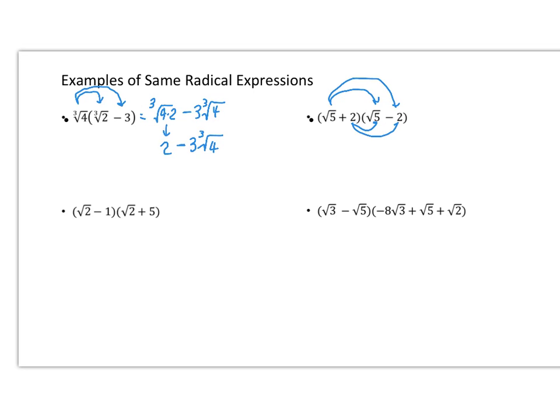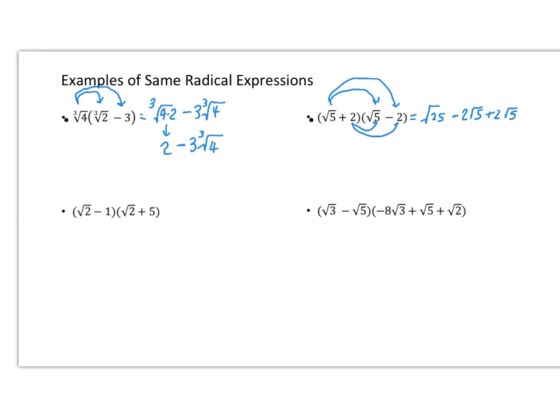So when we do this, we get square root of 25. When we multiply the square root of 5 times 5, square root of 5, then the square root of 5 minus 2, so we get negative 2 square root of 5. Then we go to the next term, 2 times the square root of 5 plus 2 square root of 5.